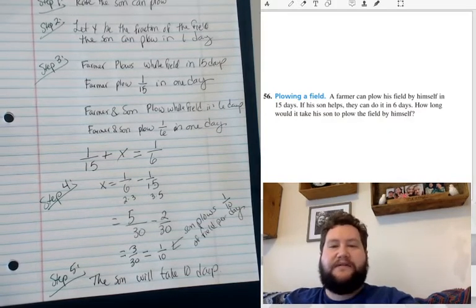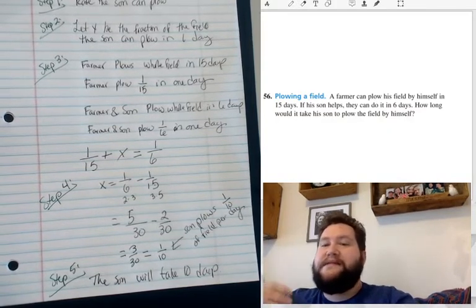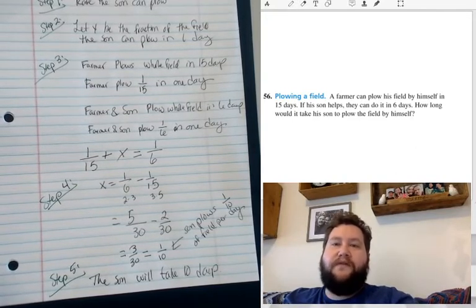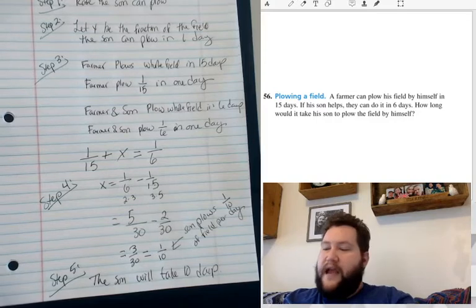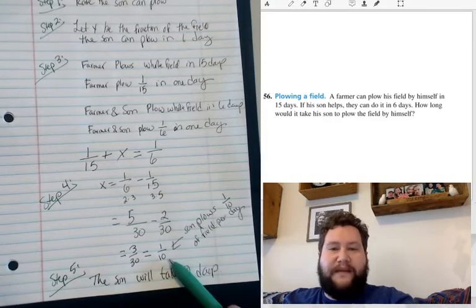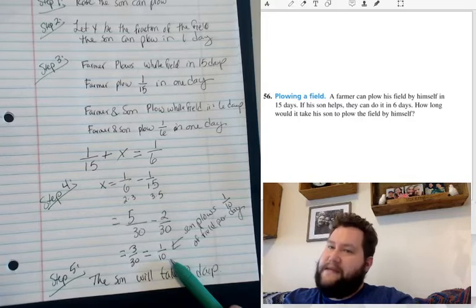Sometimes checking an answer in the original just says, does this answer make sense in the context of the original? So suppose the farmer could do it in 15, and we got that the son could do it in 30. Would we expect them to be faster? No, because if the son could, maybe a teensy bit faster, like maybe 14 days.